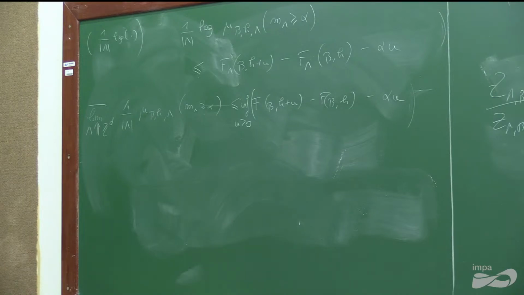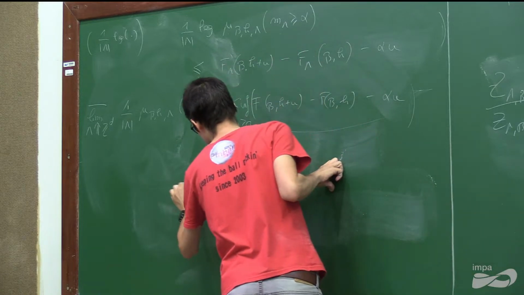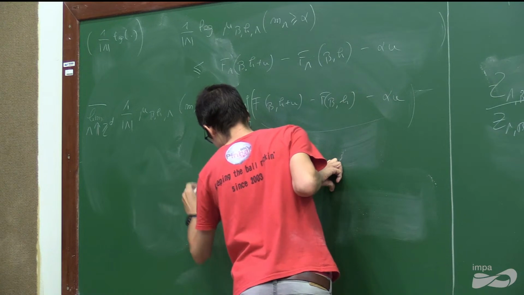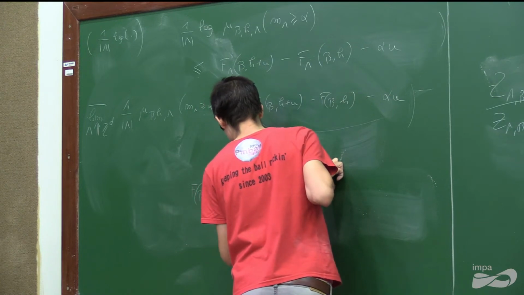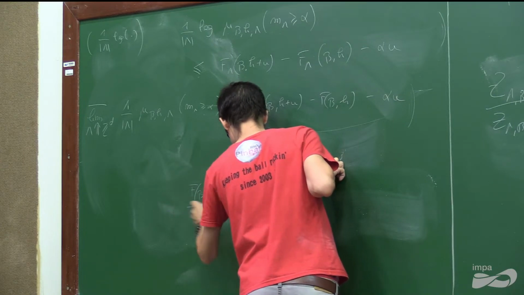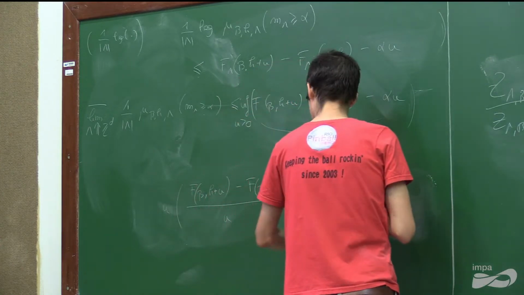Now I just want this thing to be negative. So what I can do is take u into factor, u is positive, and look at the rest that I have. I can rewrite it as f beta h plus u minus f beta h over u, minus alpha.